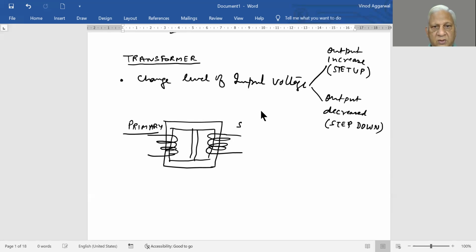This side is called the secondary side. The primary side is called so because this is where we connect the power supply. This is normally called the input side and this is the output side.